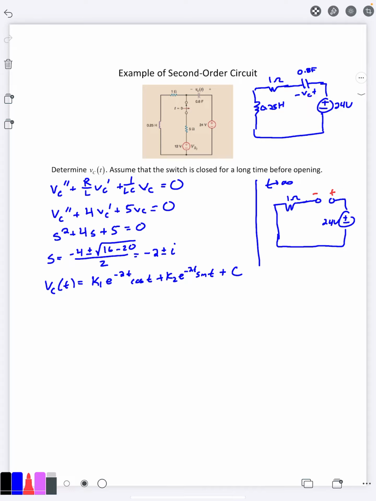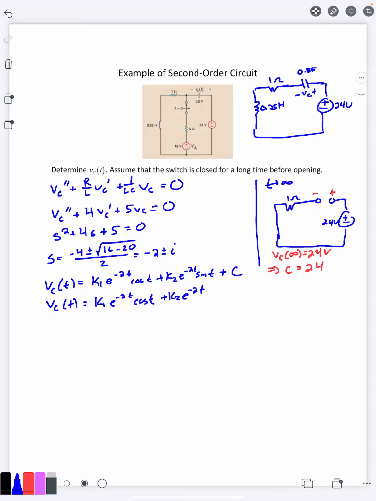So no current flowing means there's no voltage drop across the resistor. Inductors are shorts, there's no voltage drop there. So the entire 24 volts is going to have to drop over the capacitor. So that means the VC of infinity is 24 volts, which means my constant is 24. So I have that value there. I know my final value in this case.